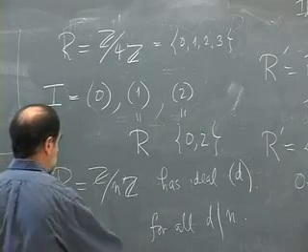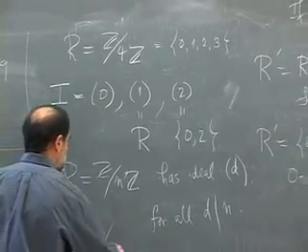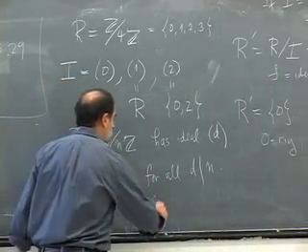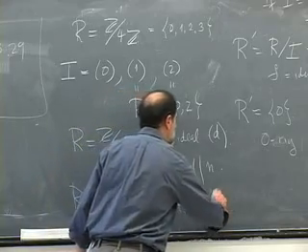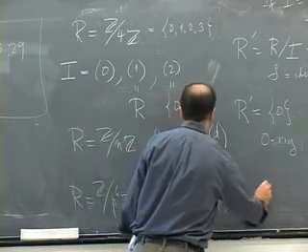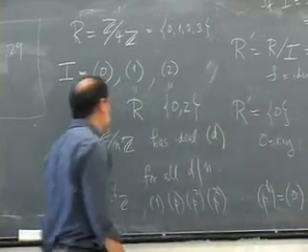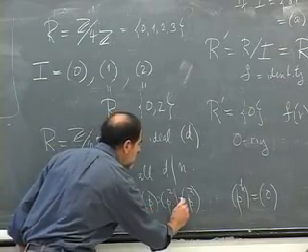So in particular, if I took R equals Z mod p to the k Z, then the distinct ideals are 1, p, p squared, p cubed, all the way up to p to the k, which is the ideal 0. So you have a decreasing chain of ideals that looks like this.